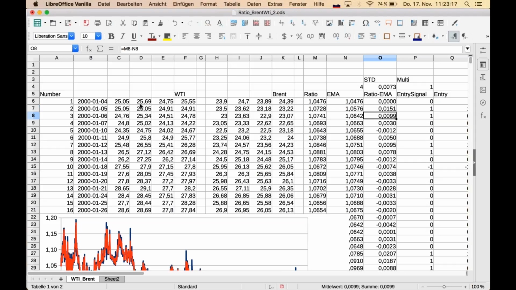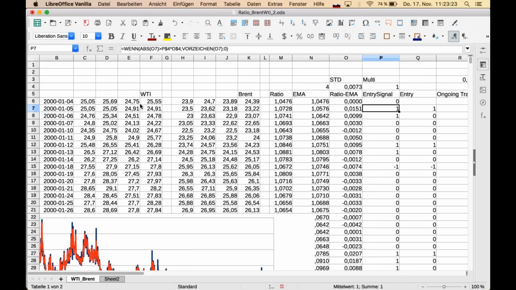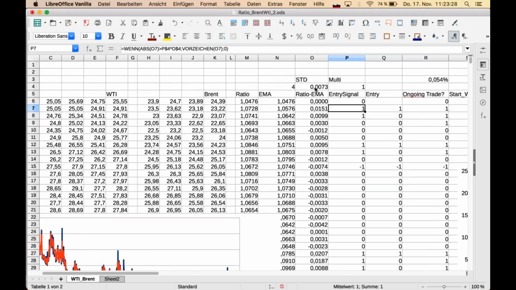And whenever that one exceeds to the plus or to the minus a certain value, and we use here just a multiplier on the standard deviation, so that is a parameter we might change, and the EMA, by the way, is a parameter as well, so now marked in yellow. And whenever we have that excess deviation, then this is called an entry.